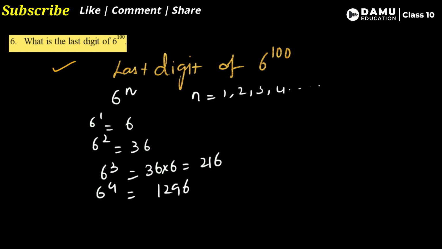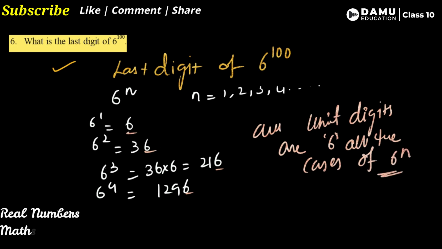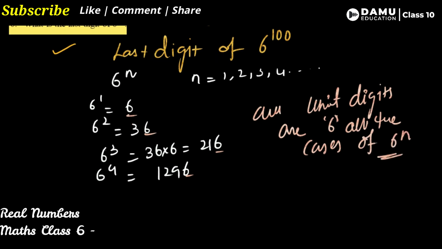Since all the last digits, the unit digits, are 6 in all the cases of 6 power n, the last digit is constant and will not change.